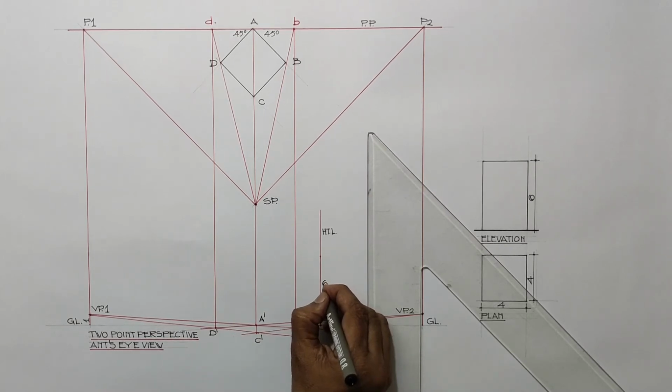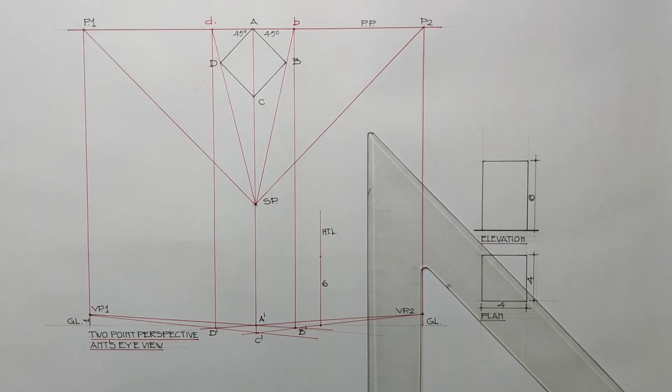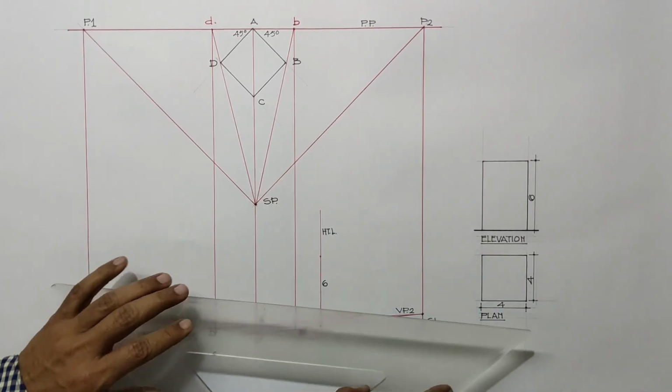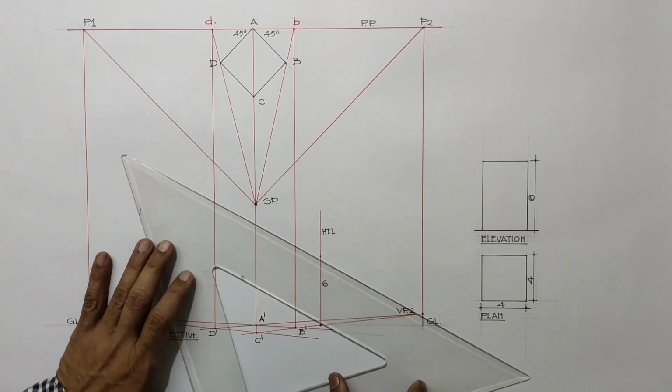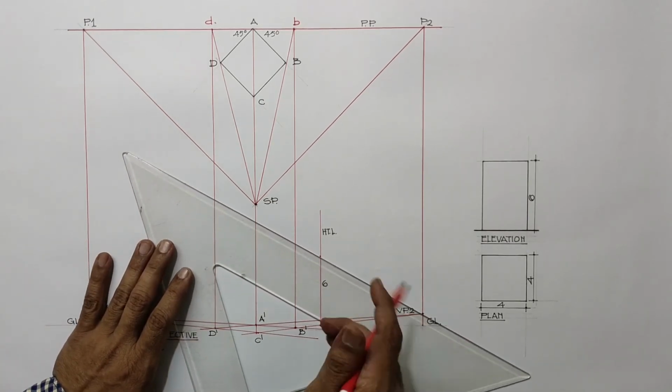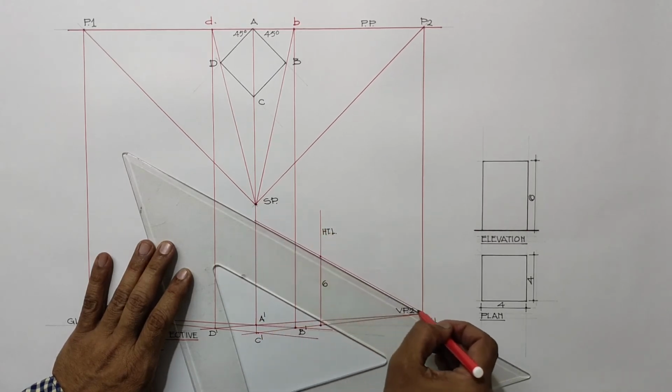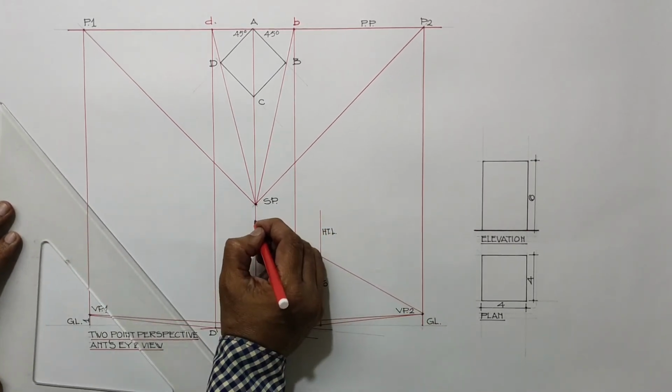Now, from vanishing point 2, we need to project a line to touch C and B. Draw a line from C to vanishing point 2, it is touching C here and B here.